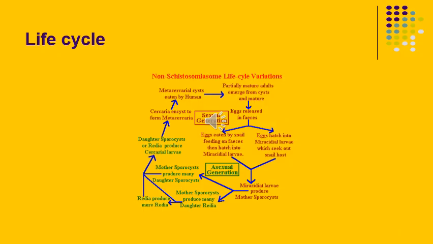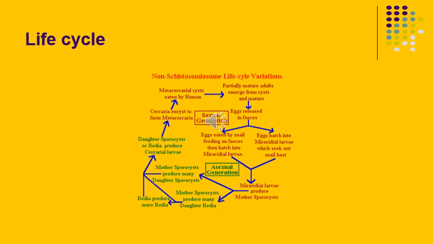One way, the egg is eaten by a snail feeding on feces, then hatches into miracidial larvae, and the second way is that eggs hatch into miracidial larvae which seek out a snail host. After that, they will find the snail, and the larvae produce a mother sporocyst in the body of the snail.